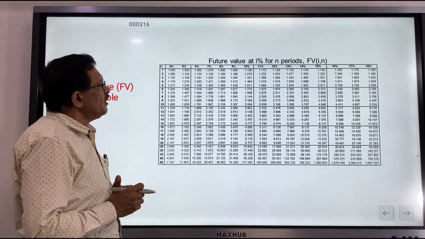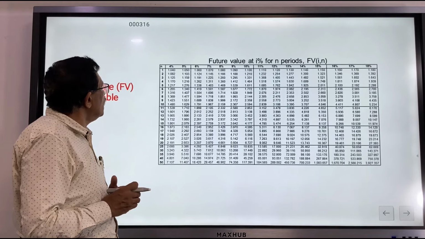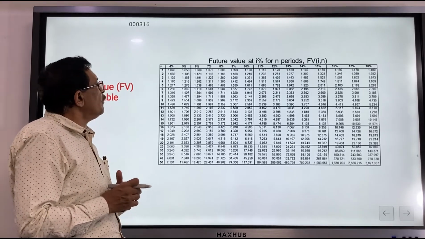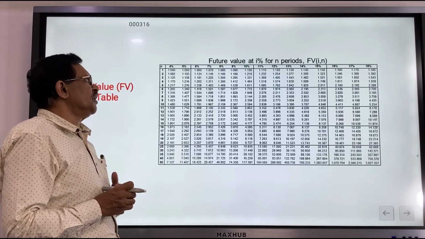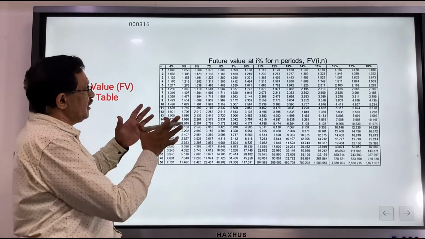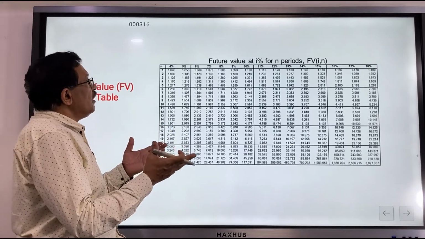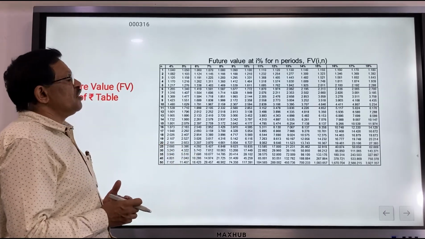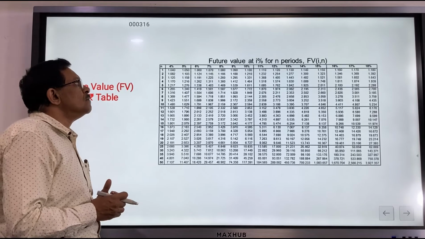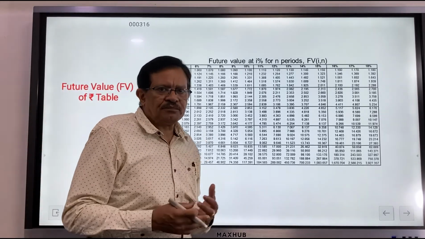This is a table wherein the interest for a particular period at a particular percentage has been calculated, so that if you have the maturity value for 1 rupee, then we can use it for any number.